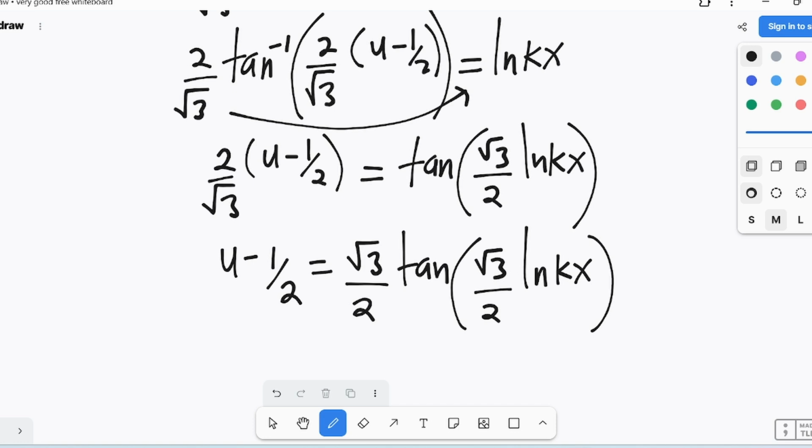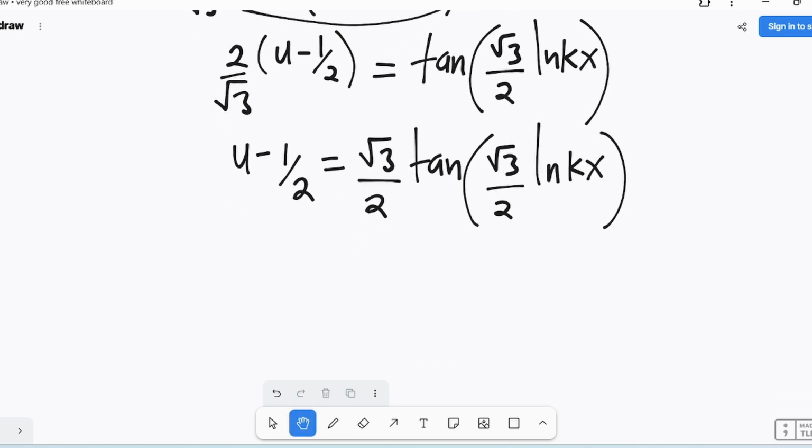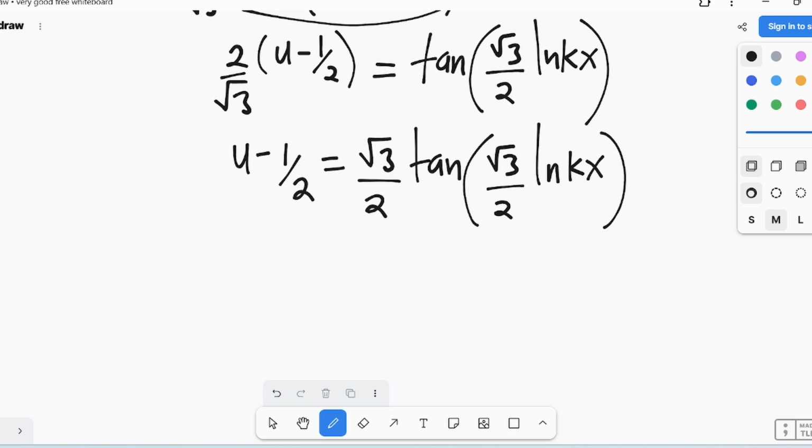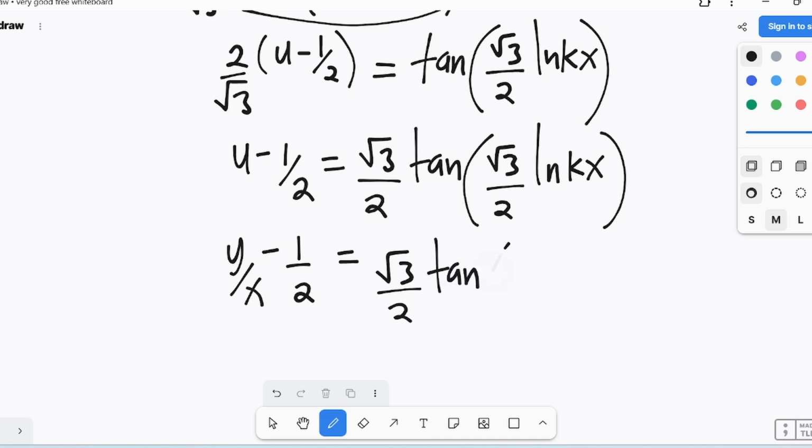Now we put back a u. So when we put back a u, for u we shall have y out of x minus a half is equal to root 3 out of 2 tan of root 3 out of 2 ln kx. So we get the LCM and simplify.